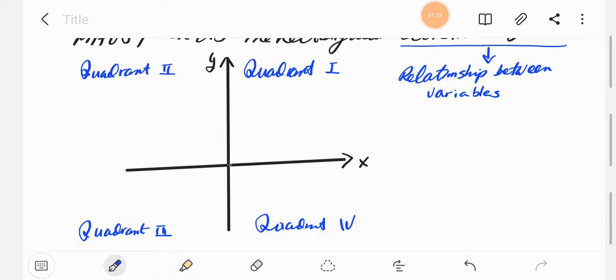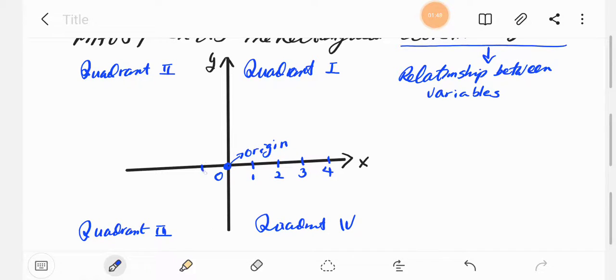And then the intersection. This intersection is called the origin. We call it origin, and this one is always 0. And as you go to the right on the number line, the number increases by 1, right? 1, 2, 3, 4.